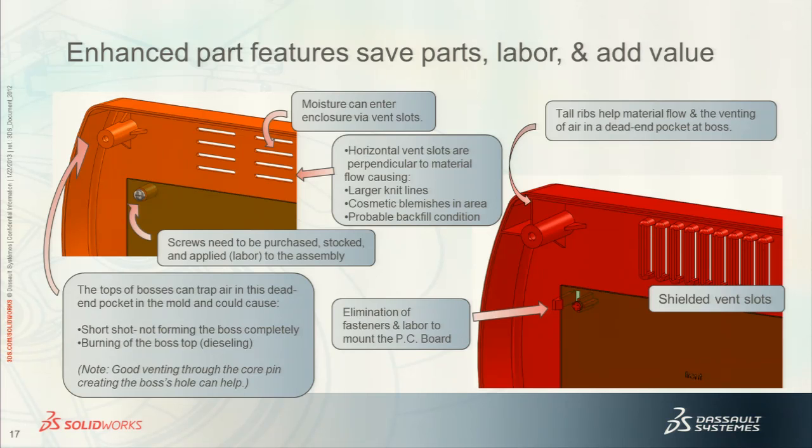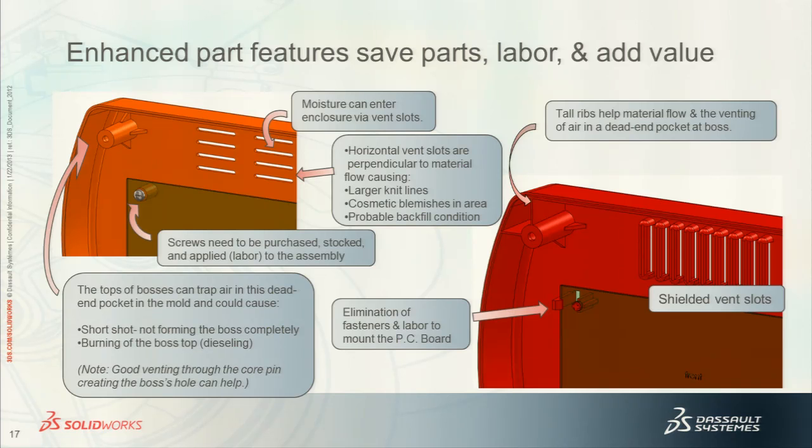What can happen is if air is trapped in the boss, the air trapped will increase in pressure, it will heat up, and it will cause what's called dieseling. And you can burn or degrade the material at the end of your boss. So it's always good to have adequate venting for boss features.